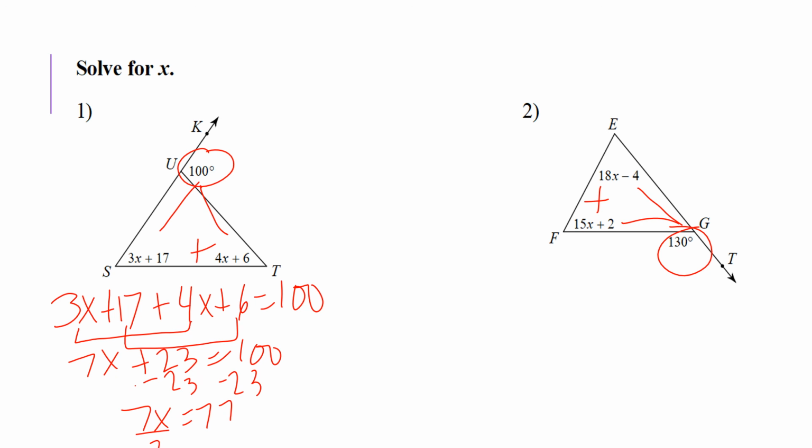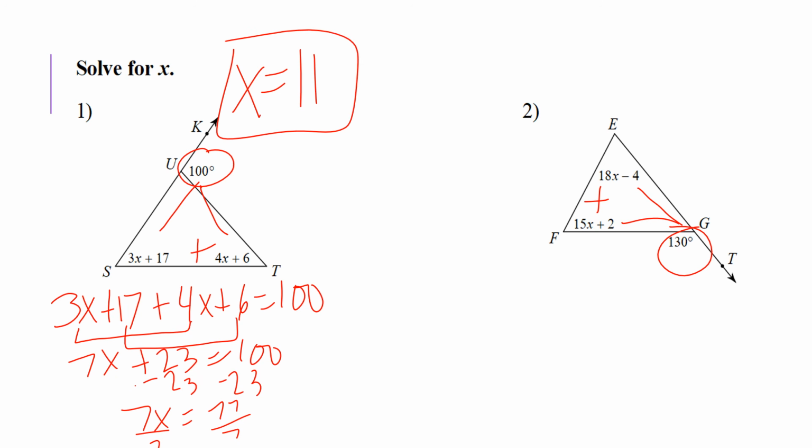And then you would divide both sides by 7, which gives you x equals 11. It doesn't say anything except solve for x, so you just need to get x equals 11. If it said solve for x, then find the given angle measures, you would need to plug x back into your given angle measures.